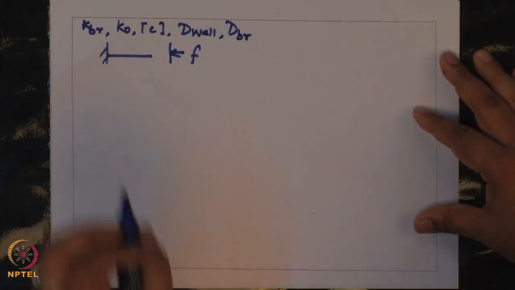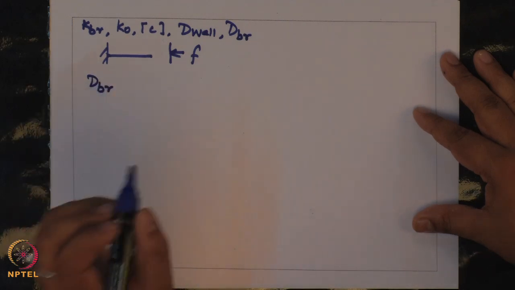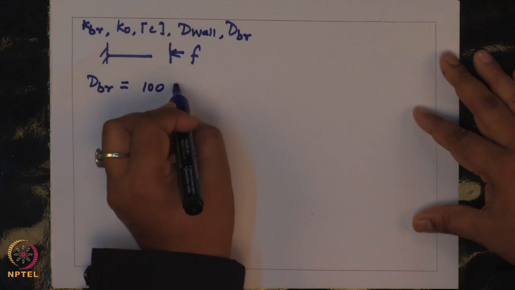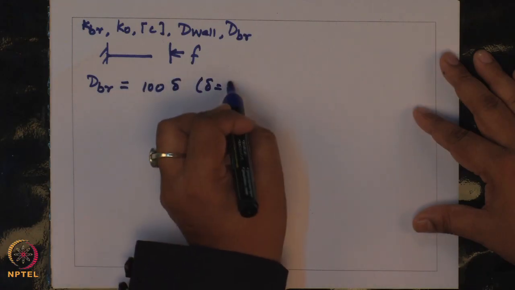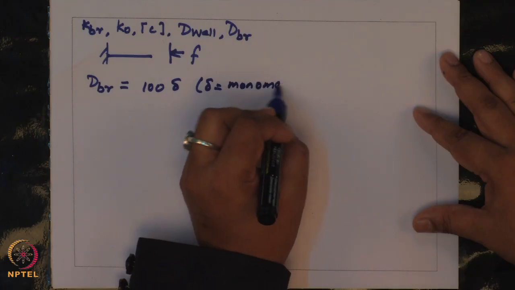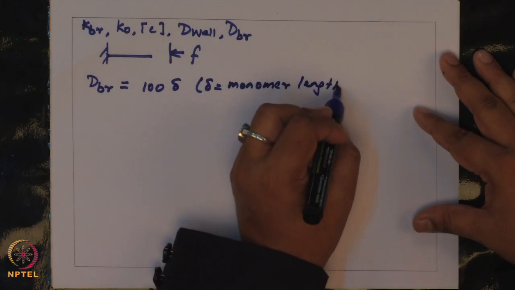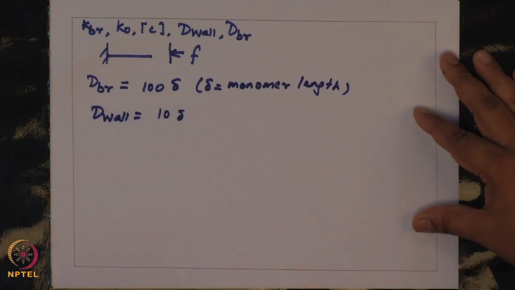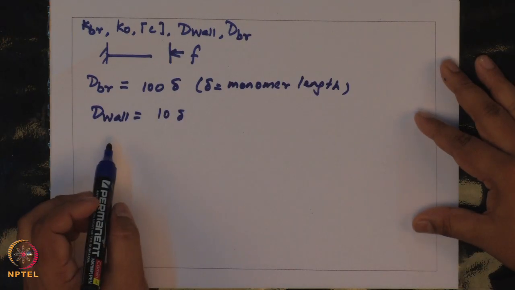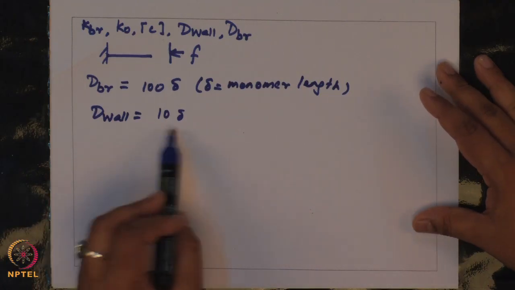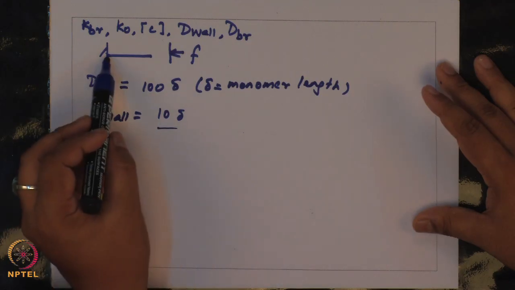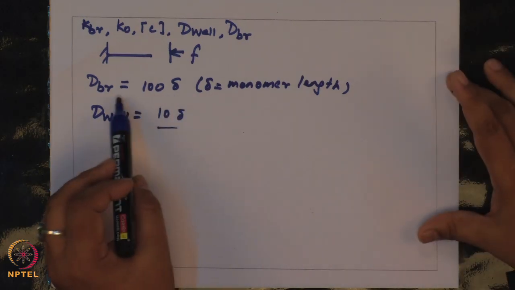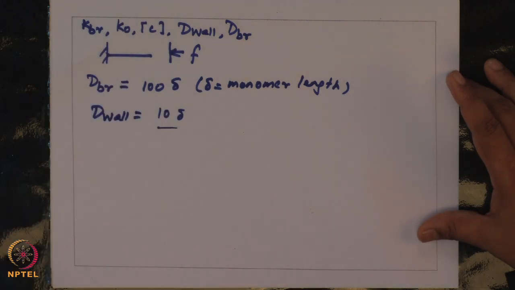Let us assume d_Br as 100 times delta, where delta is the monomer length, and d_wall is 10 delta. What this suggests is that the wall is only 10 delta away from the back wall, while the filament has to be 100 delta in length before a new branch can form.